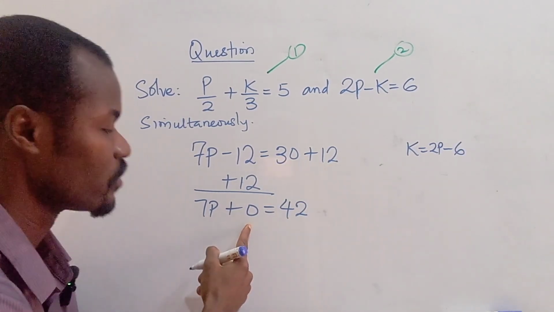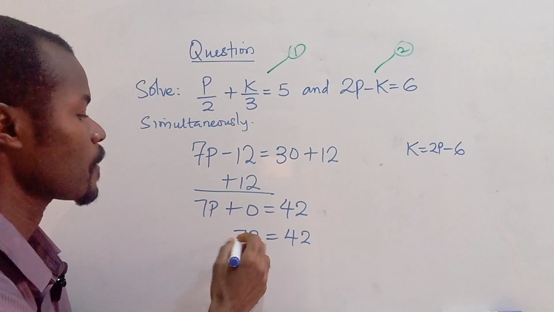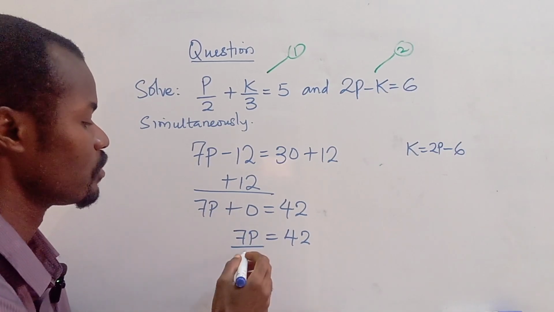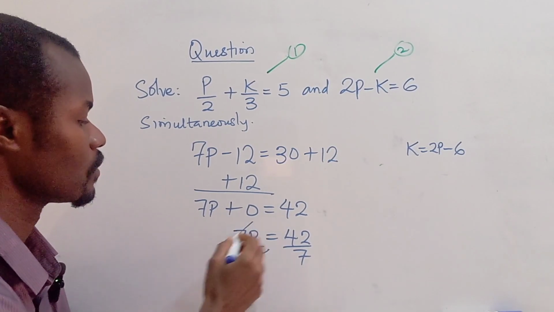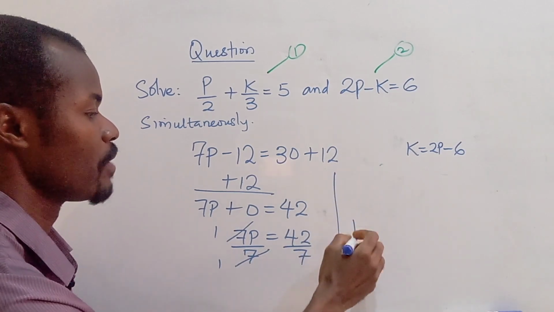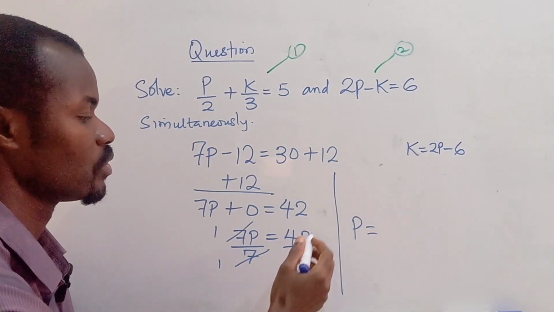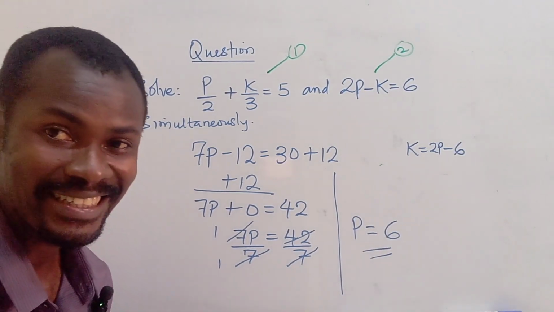So 7P plus 0 is 7P, which equals 42. Now we can divide both sides by 7. So these will cancel out, and we are left with our P, which equals 42 divided by 7, which is 6. So the value of P is 6.